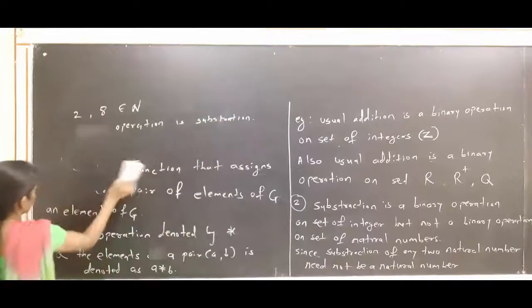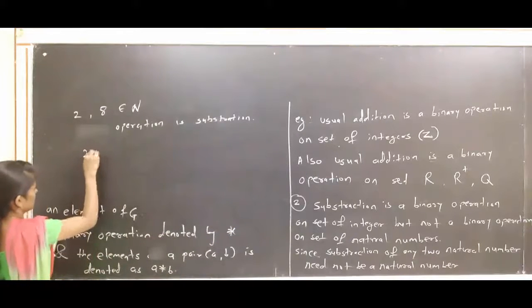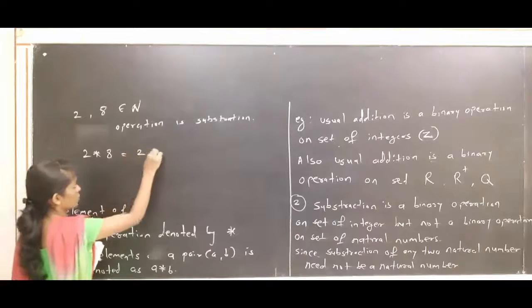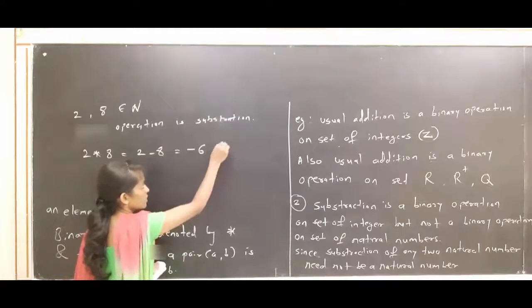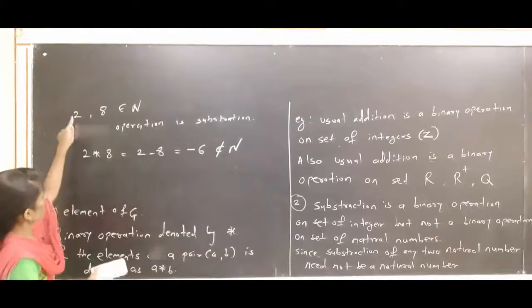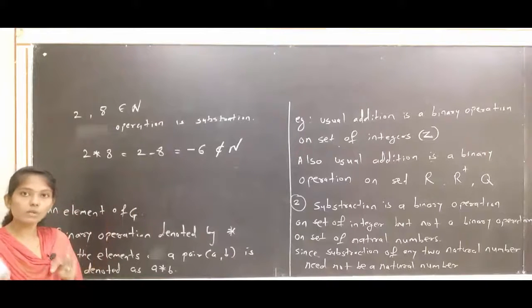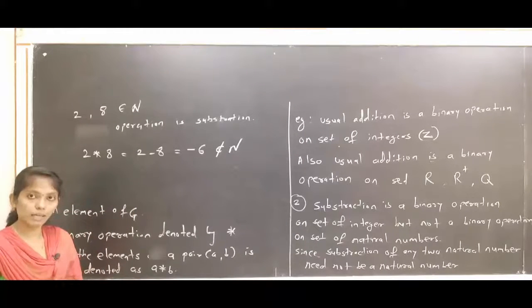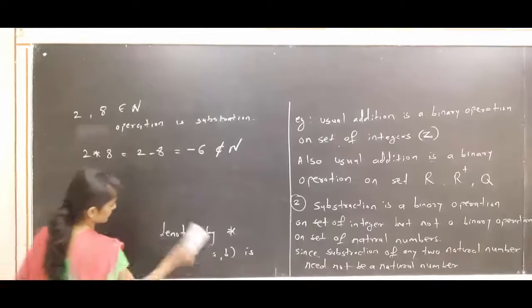Okay, so here 2 star 8 is equal to 2 minus 8, and 2 minus 8 we get minus 6, which does not belong to the set of natural numbers. Hence subtraction is not a binary operation on the set of natural numbers. Okay, get it?